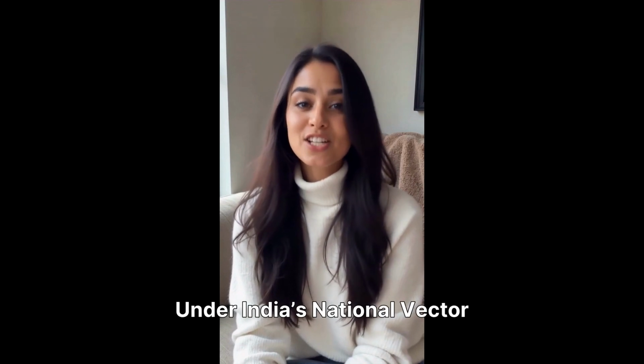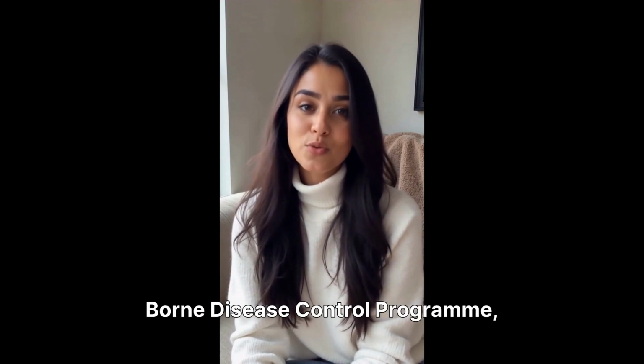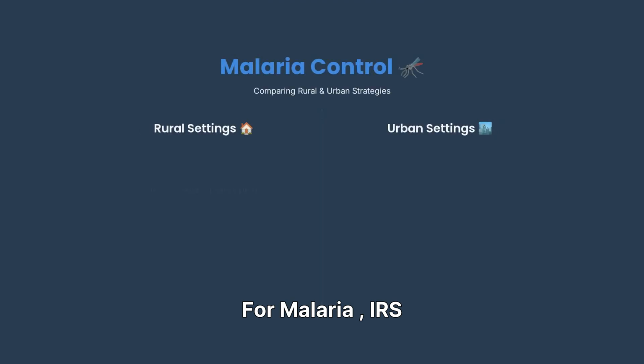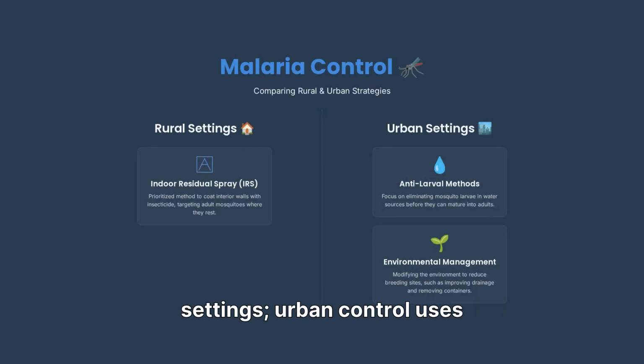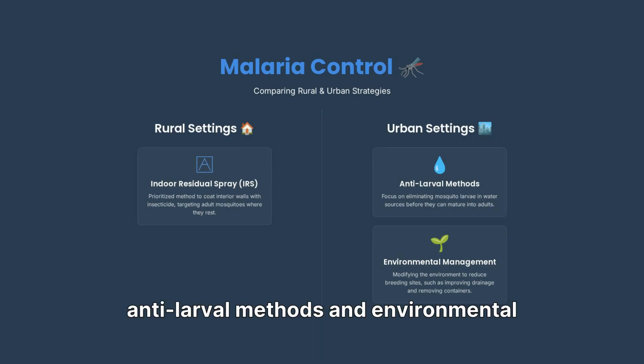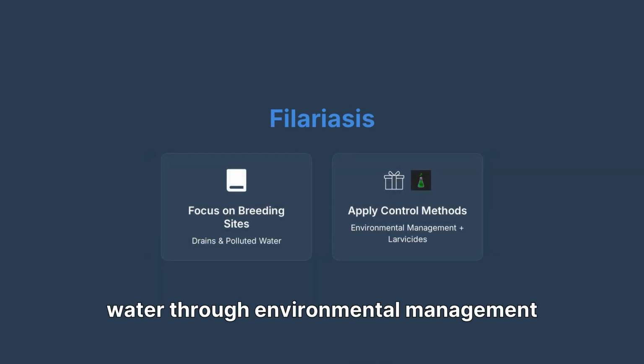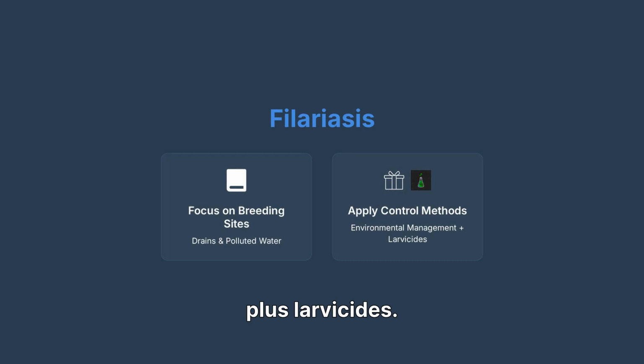Under India's National Vector-Borne Disease Control Program, the mix of methods is disease and ecology specific. For malaria, IRS is prioritized in rural settings. Urban control uses anti-larval methods and environmental management. For filariasis, focus on drains and polluted water through environmental management plus larvicides.